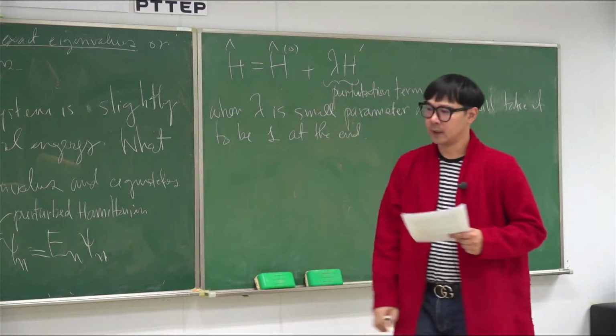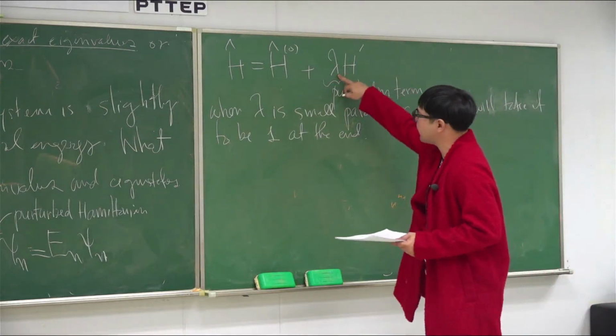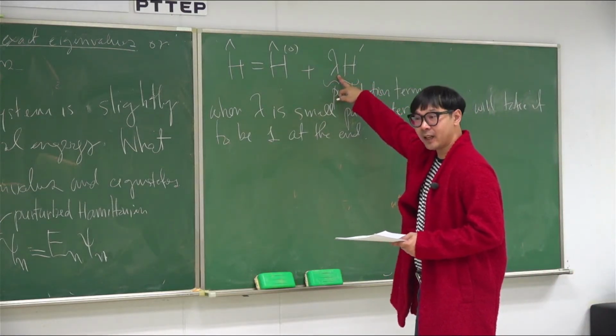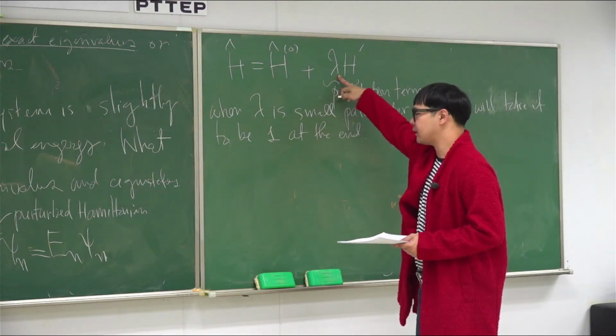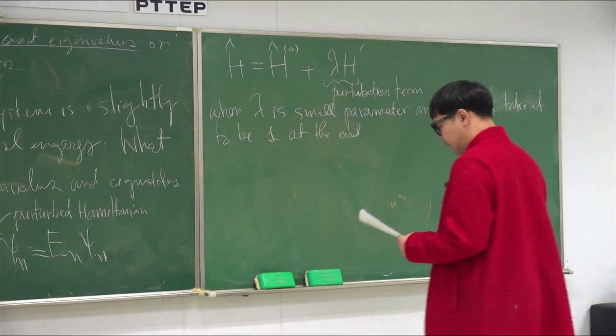So in principle, you put this parameter at the beginning, and when you finish your computation, you take the limit to be 1, and then that's it.